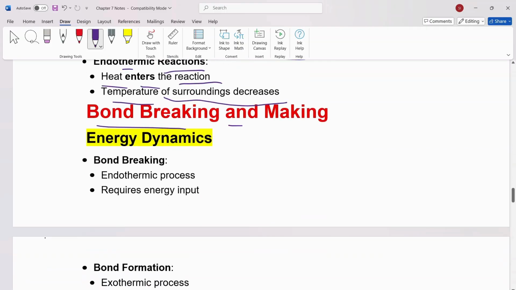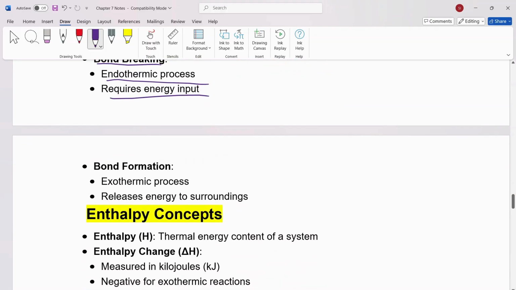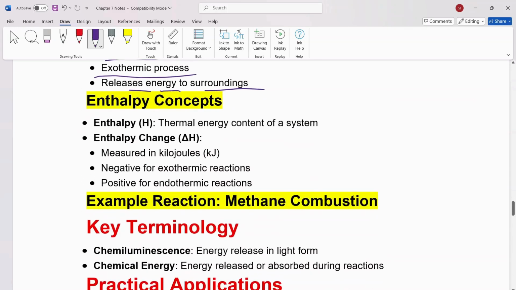Now, bond breaking and bond making. Energy dynamics here. Bond breaking is an endothermic process and it requires energy input. Bond formation is an exothermic process and it releases energy to the surroundings. Now, let's talk about enthalpy concepts.